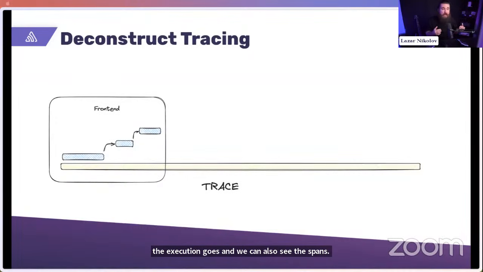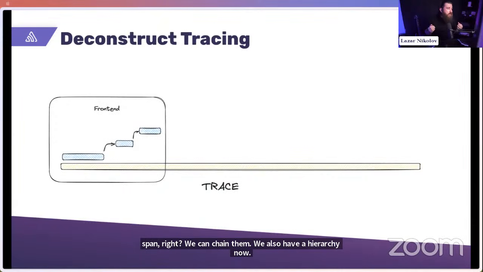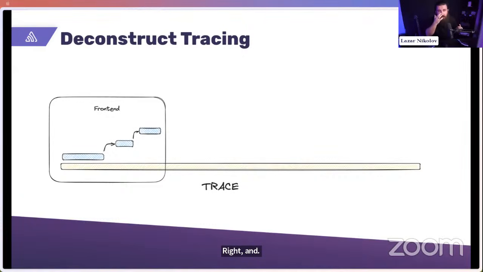Because we have a start and an end, we can visualize them with a certain width based on a timeline. Because one span can create another span, right? We can chain them. We also have a hierarchy now, right? And this all helps us mirror our code base, right?